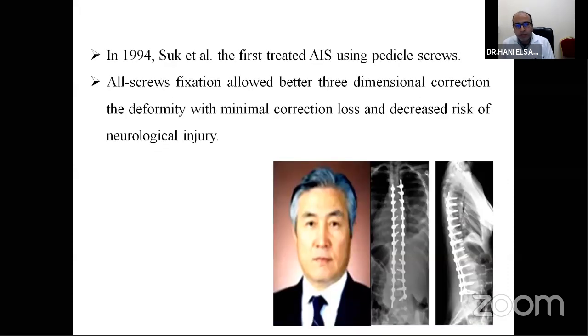In 1994, Suk first treated cases of IS using pedicle screws. All-screw fixation allowed better three-dimensional correction of the deformity with minimal correction loss and decreased the risk of neurological injury.